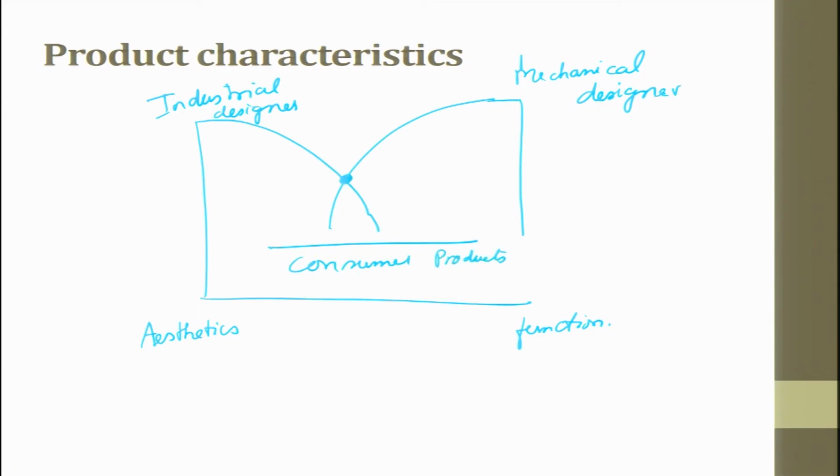There is a break-even point, or a meeting point, wherein this industrial design and mechanical design meet, and it is very important if you want to make a successful product. Here I have put aesthetics: the industrial designer gives more importance to aesthetics, the mechanical designer gives most importance to function. But these two should meet at a point, and very successful consumer products are developed at this point. So, this is a very important graph which tells who plays what role, and it also tells you that both roles have to be played to make a successful product.